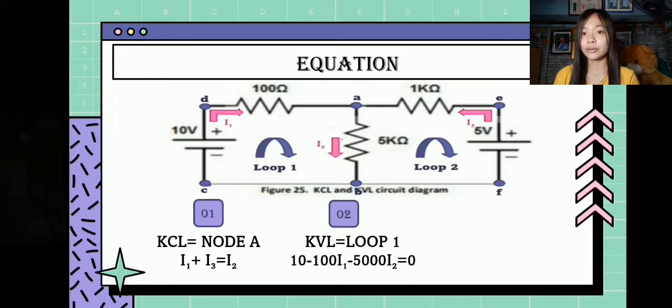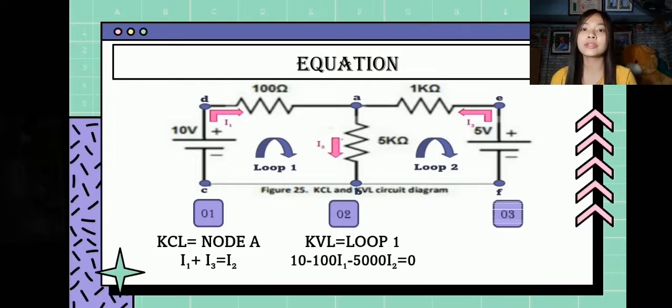Okay. So therefore, it becomes negative 100 I1. And 5,000 ohm is also negative because they are also the same direction. And then we have no direction to go, which is we are at the end. And we will return to C. Therefore, we will equate them into 0.